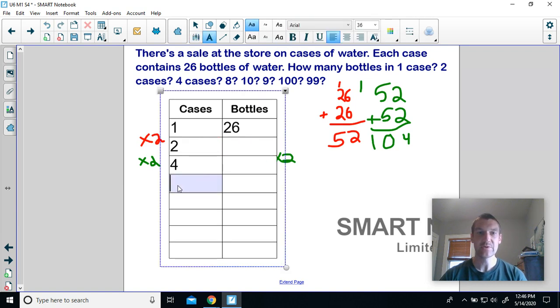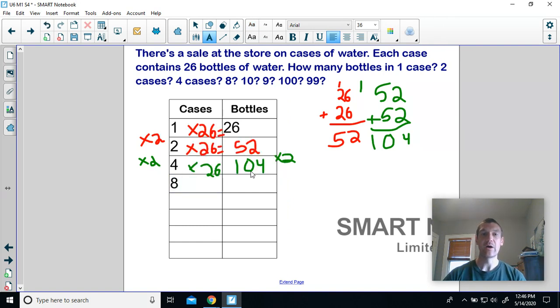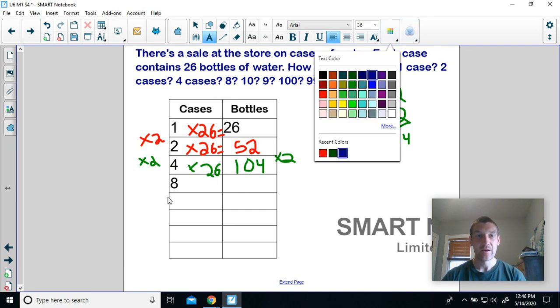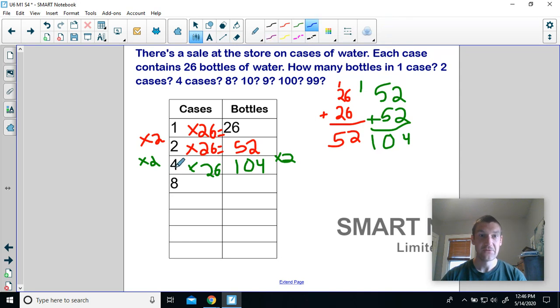Okay, let's move on to the next one. What about 8 cases? Okay, 8 cases of water. How many bottles is that? I hope you're seeing this pattern with me. Because if I go from 4 cases to 8 cases, again, that is 2 times bigger. So I can make this twice as big.